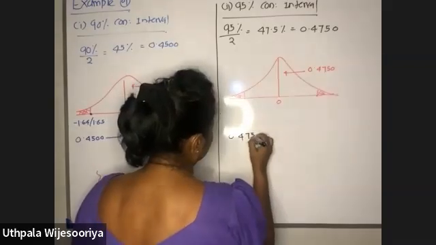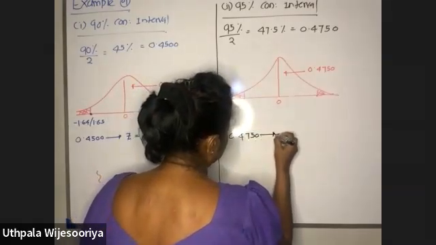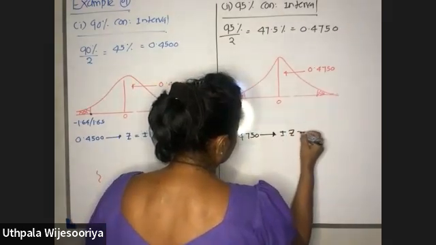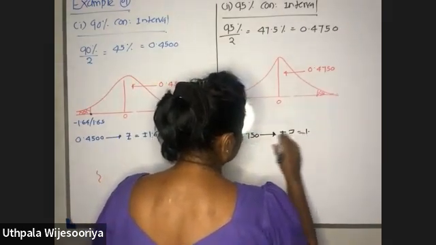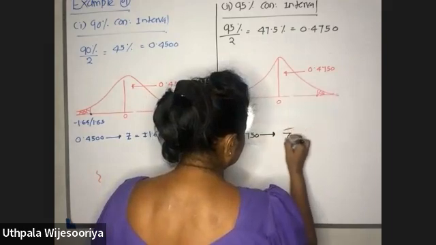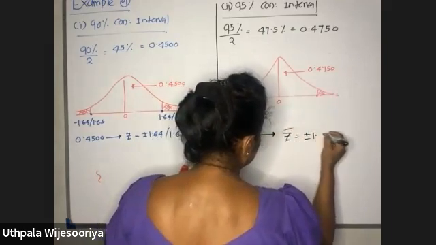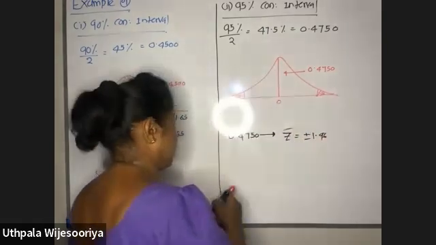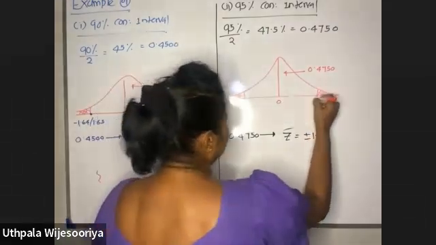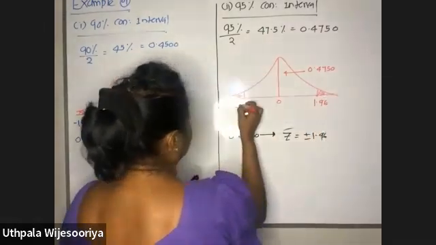The Z value is plus or minus 1.96. So you have to use plus 1.96 and minus 1.96.